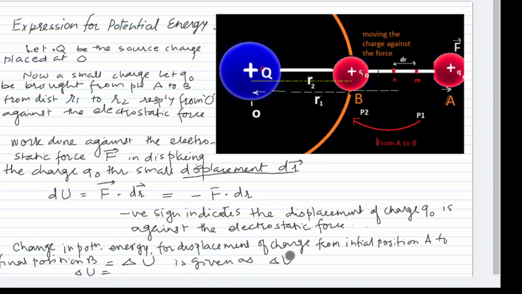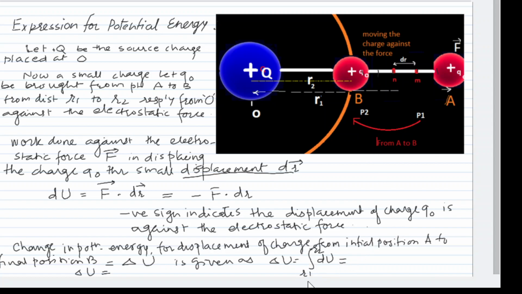delta U, that is equals to integration of small dU. Small dU takes place when we shifted this from R1 to R2. Integration from R1 to R2 we are doing, and we are displacing this charge from position R1 to R2.